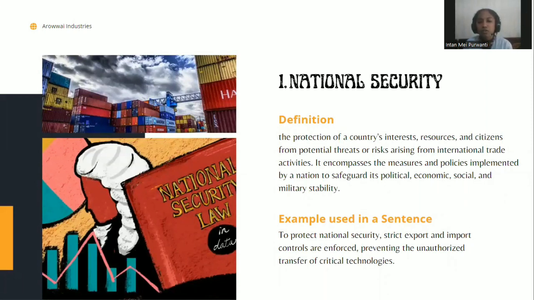National security is used to protect a country's interests, resources, and citizens from potential threats or risks arising from international trade activities. An example sentence: to protect national security, strict export and import controls are enforced, preventing the unauthorized transfer of critical technologies.